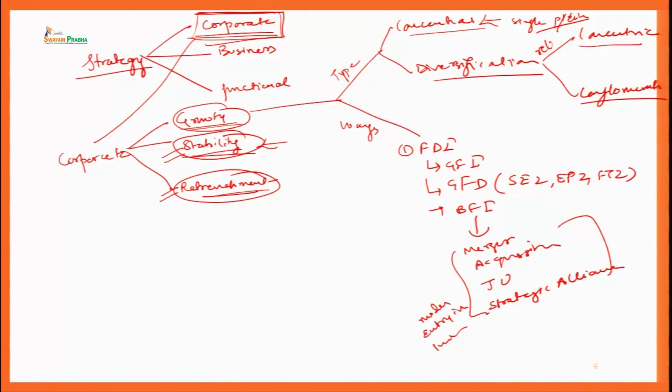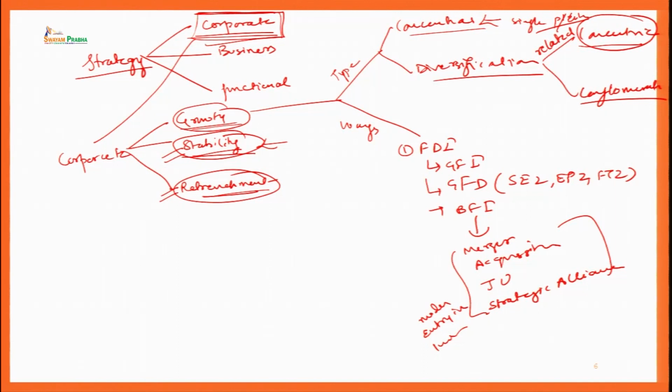But when you confine yourself to dairy, that means with milk you are offering only milk and various flavors of milk, till here it is okay. But the moment you start culturing the milk and offering curd, or start processing the milk and coming up with ice cream, butter, cheese, other stuff, then it becomes a diversification, but in a related line, and that is what is known as concentric diversification.